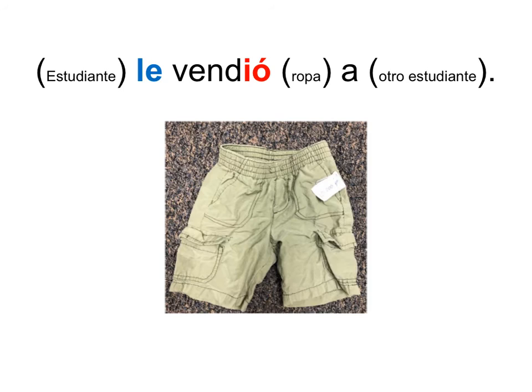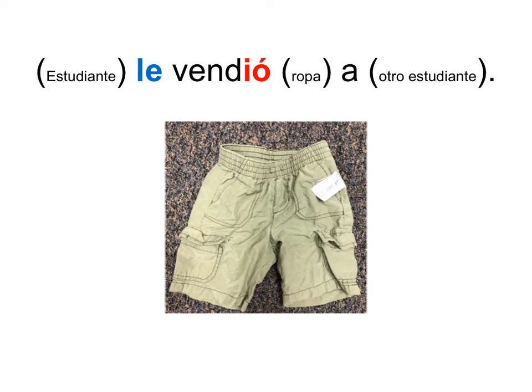Terrible. Okay. Pantalones cortos. Los pantalones cortos. Y aquí tenemos el modelo. Yo le vendí los pantalones cortos. Okay, Tyrese. Le vendí los pantalones cortos a Elizabeth por 10,000 pesos. ¿Quién?